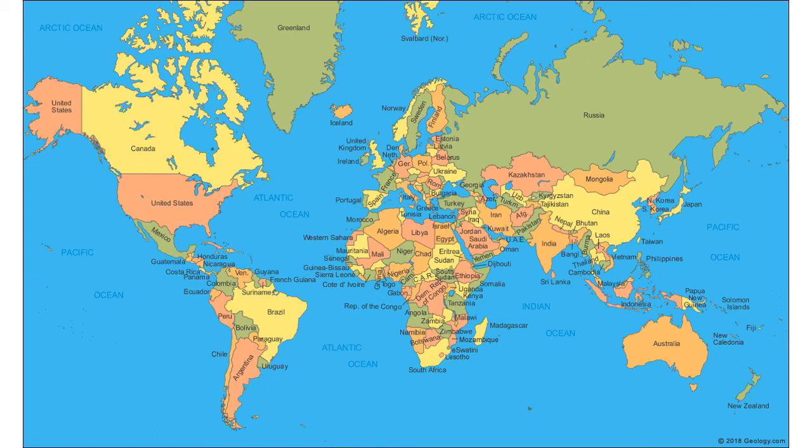So changing it into a flat rectangle is going to increase the size of anything that's on the top or bottom and decrease the size of anything in the middle. So Africa looks significantly smaller than it actually is relative to these other countries. And everything in this top part, like Russia, Greenland, Canada, especially here, Scandinavia, these all look much larger than they actually are relative to other countries.